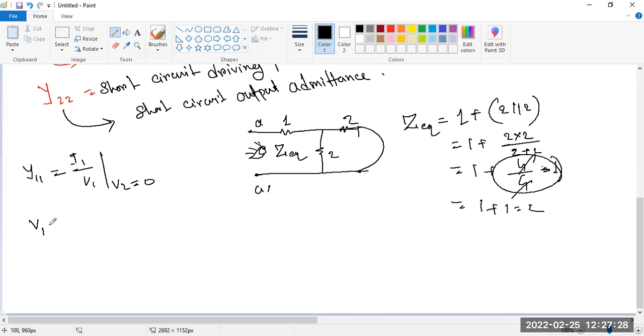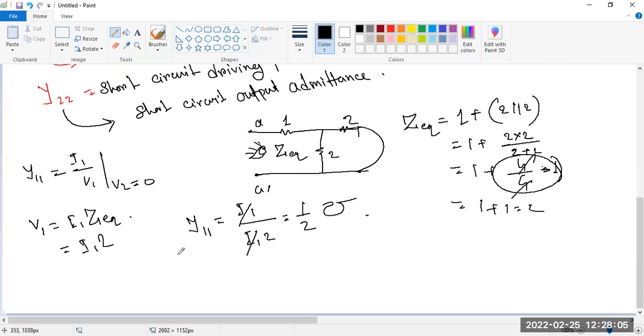Now V1 equals I1 times Z equivalent, so V1 equals 2 I1. Putting the value of V1 in Y11 equals I1 by V1, I1 cancels and we get half, the reverse of ohm, so it is called mho.